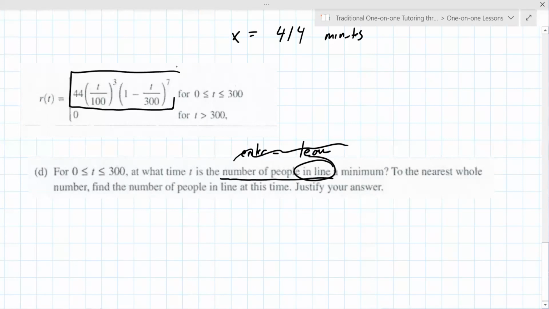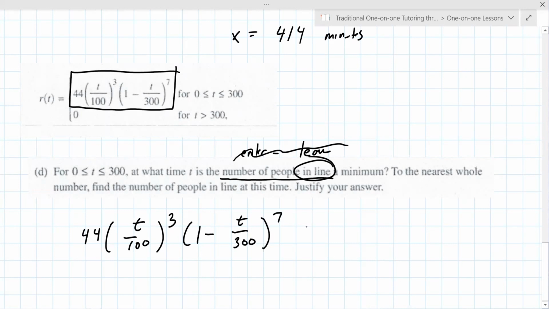There was probably a question earlier in the course where it gave you a derivative function and you didn't have to take the derivative because they're already giving you the derivative. This is the derivative and you just have to set it equal to 0.